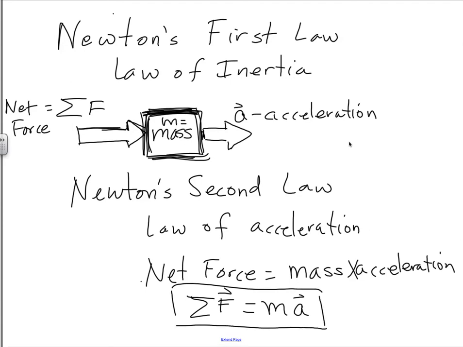It comes directly from the idea of Newton's first law. We can separate them, but they're so connected. So that's Newton's second law, the law of acceleration. The net force is the product of the mass times the acceleration, and the net force is a vector.